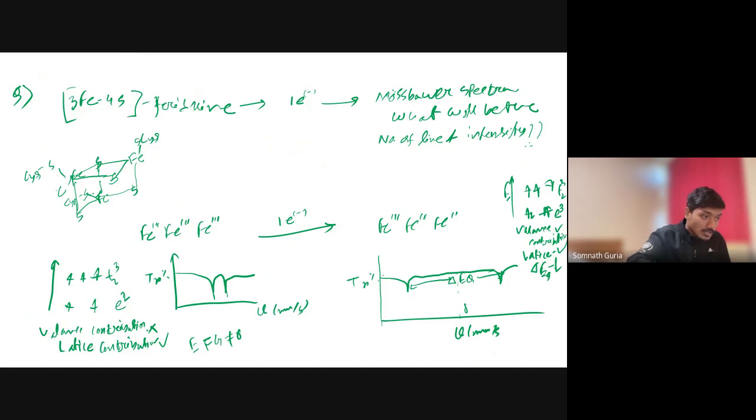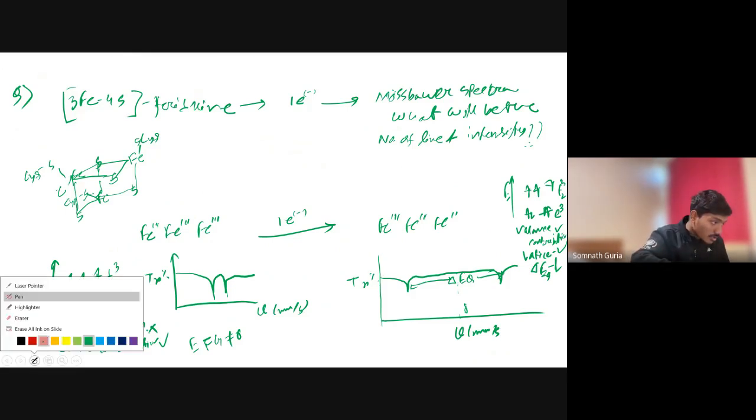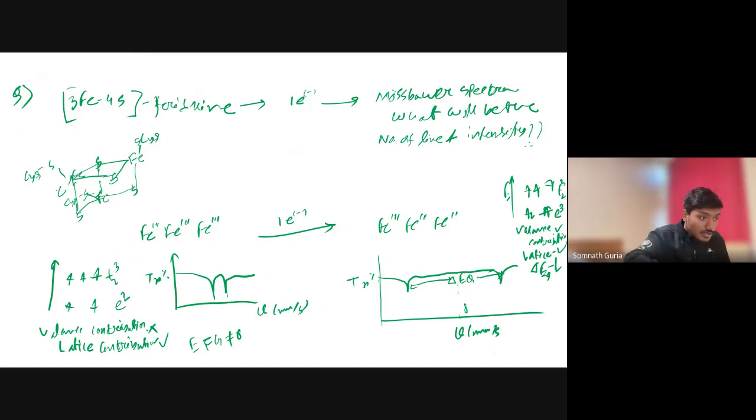On the other hand, the iron 2, iron 3, that will come into this. Okay, this will be my delta EQ value, and this will be the delta value.